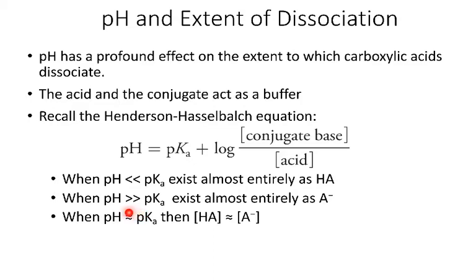And when the pH is relatively close to the pKa, and we're talking within a unit, so if the pKa was 4.5, we would say a close pH is something on the order between 3.5 and 5.5. In that region, we have significant amounts of both the acid and its conjugate base present at the same time.